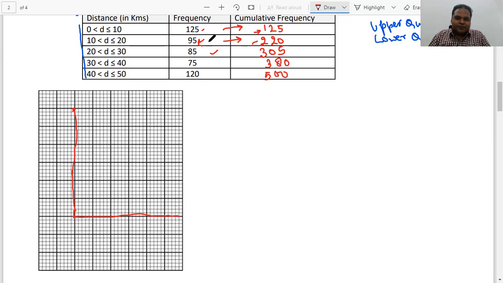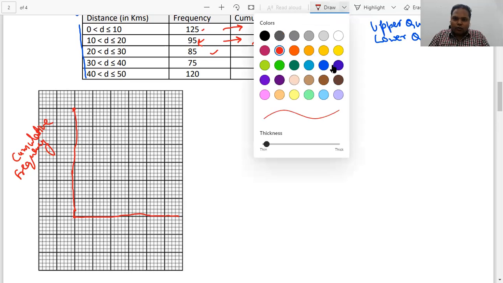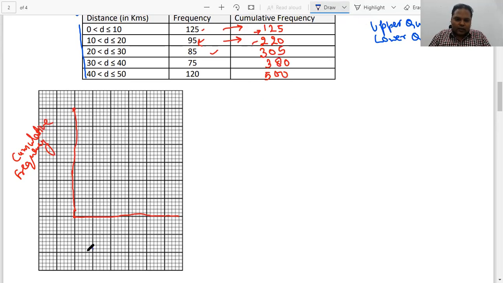Now this y-axis will always have the cumulative frequency on it. We will plot the cumulative frequency, and the x-axis is always about the class intervals. This is class intervals.